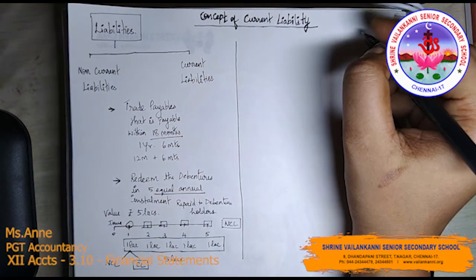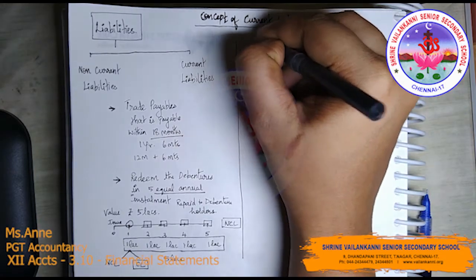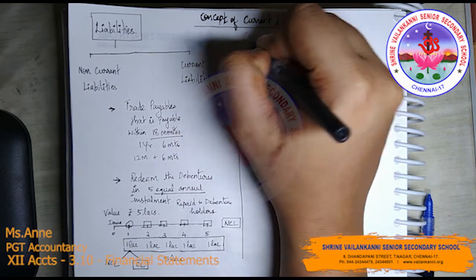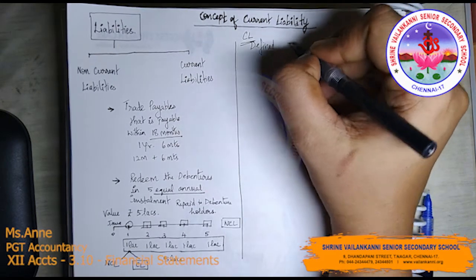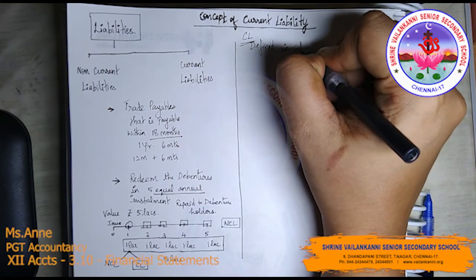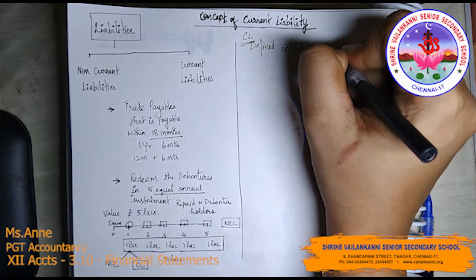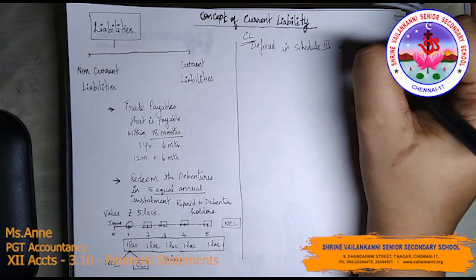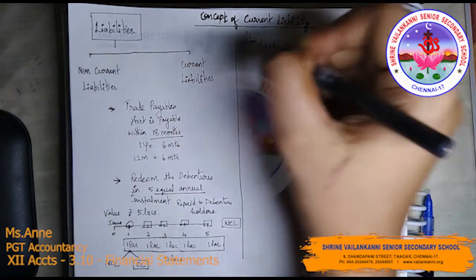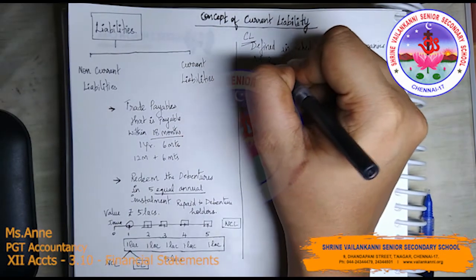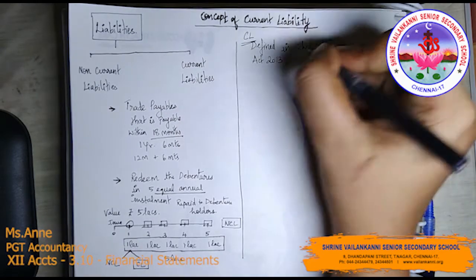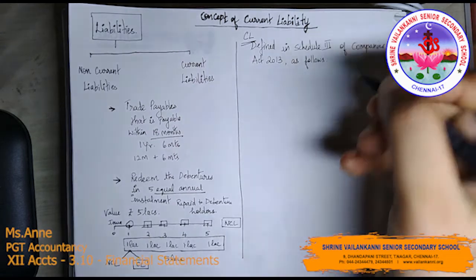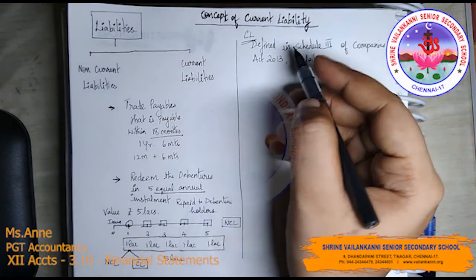Current liability is defined in Schedule 3 of the Companies Act 2013 as follows. Now, how is it being defined?